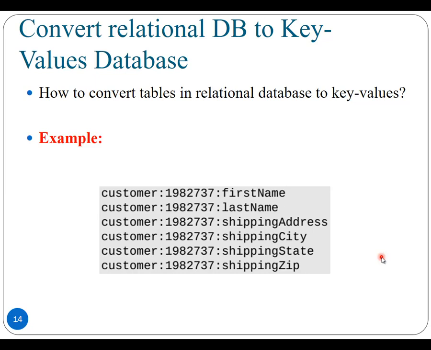So we could convert each of the tables to a group of key values. This is how we could convert a relational database to key value. So we get each of the tables, we check the attributes, and then we start defining the structures of the key value database.